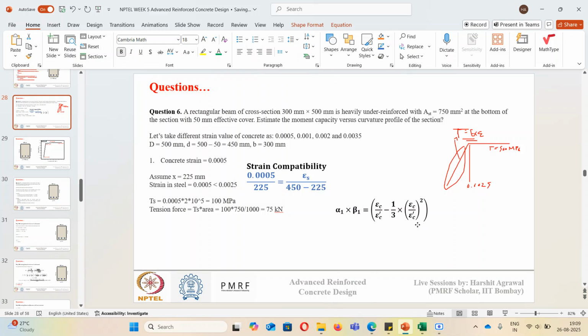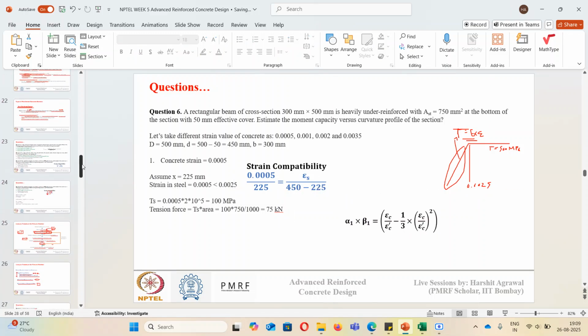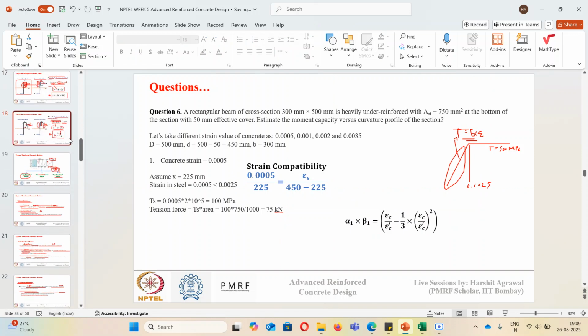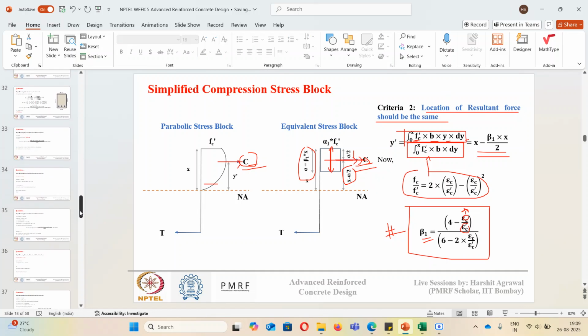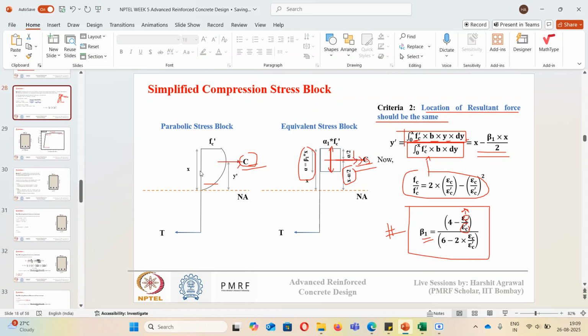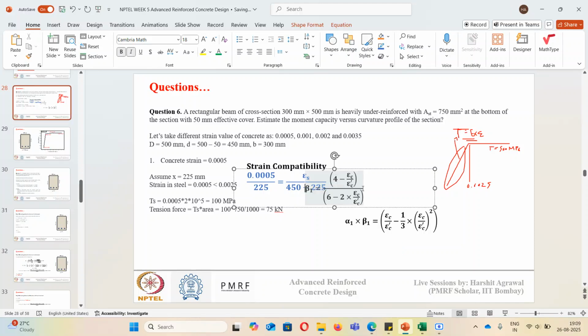So first was this relationship, and the second was this beta 1 relation. Okay, so we know the strain in concrete, 0.0005, and we know the peak strain in concrete, that is 0.002.